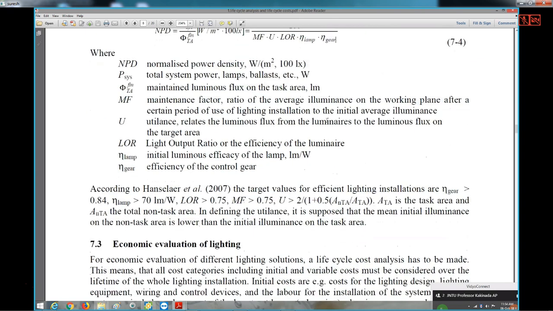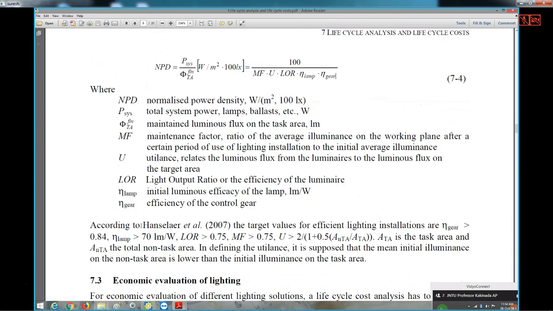And here we are going to take, according to the scientist Hasmiller, who showed in 2007, the targeting values of luminous lighting installations: efficiency of the gear system should be greater than 84%, and efficiency of the lamp should be greater than 70 lumens per watt.